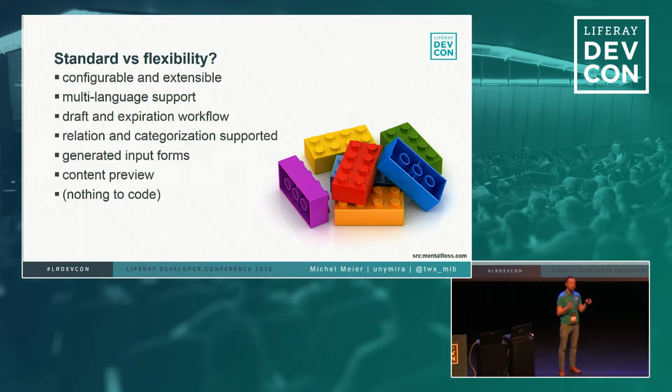And for every kind of content type, we created a separate structure and connected them with each other using this new feature. And then we get all this stuff here out of the box. And we nearly had nothing to code, except one thing. If you connect web content to web content, you cannot limit the connection to a specific structure.